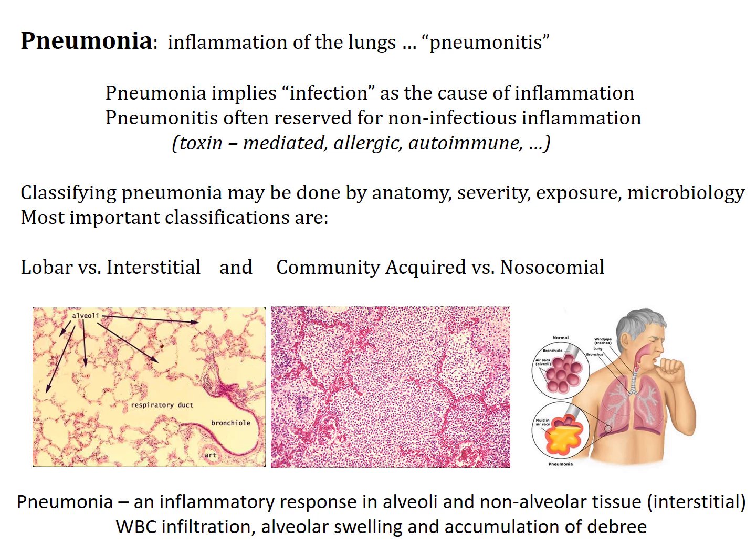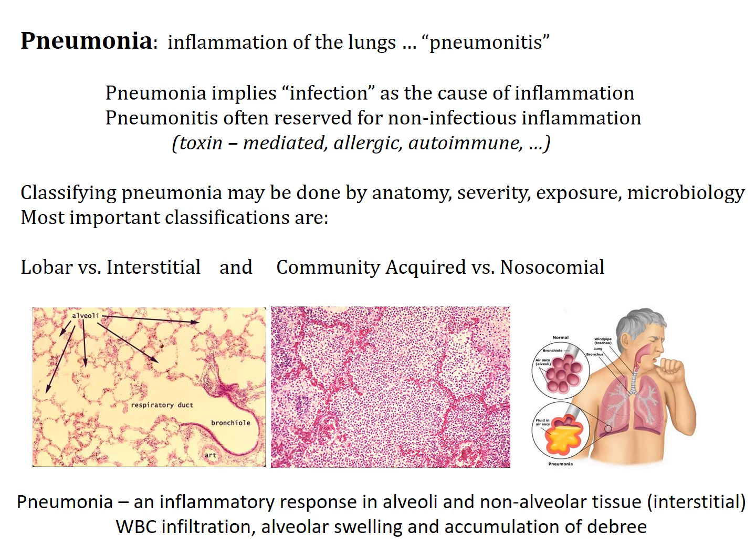When we're talking about pneumonia, we're talking about an infection, whereas pneumonitis we usually reserve for non-infectious inflammation of the lung. Toxin-mediated inflammation, allergy-mediated inflammation, autoimmune inflammation of the lung. Usually we don't call that pneumonia, we call that pneumonitis. But when we're talking about an actual pathogen in the lung causing alveolar infection, then we use the term pneumonia.